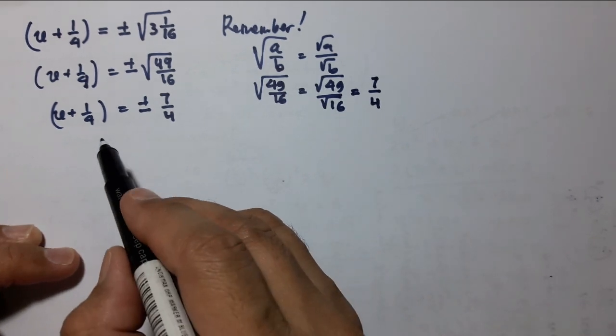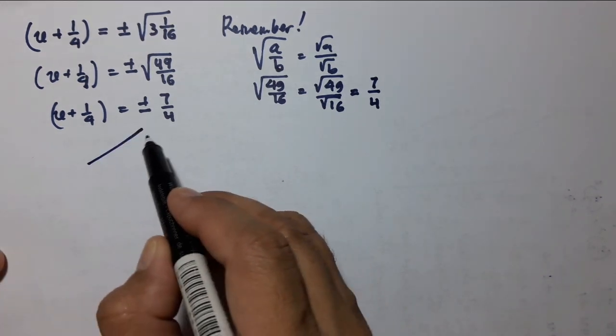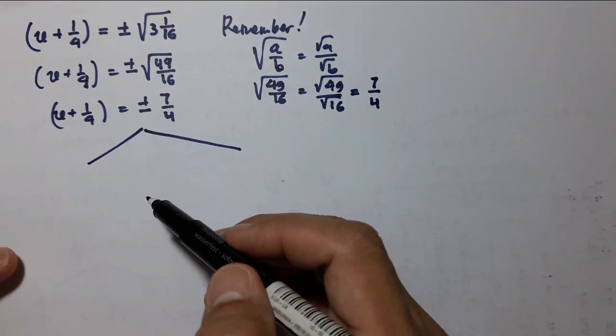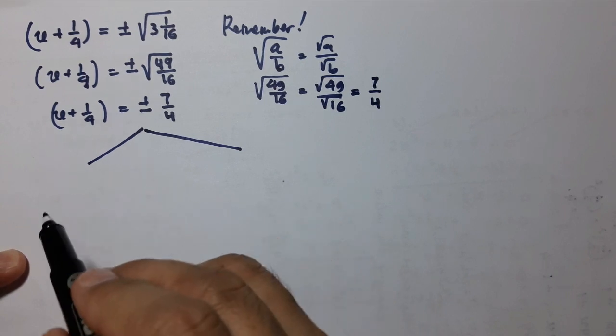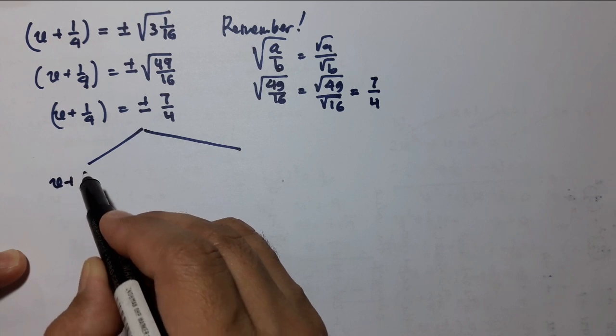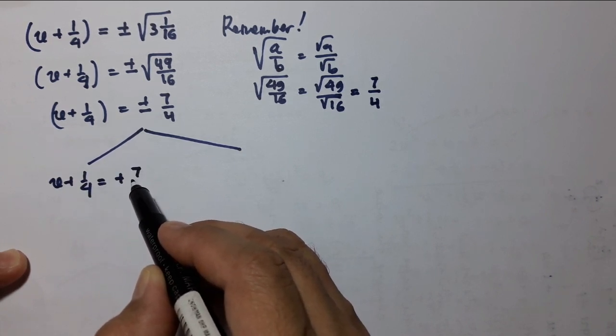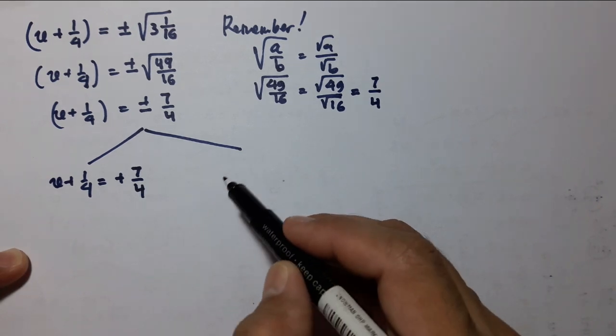Okay, next. Now you're going to find the solution by separating this expression. We'll find two answers. The first is x plus a quarter equal positive 7 over 4.